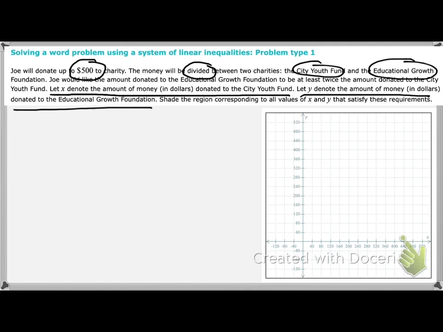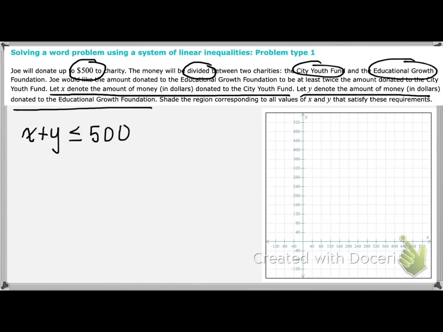So just taking that piece of it there, if I'm donating up to $500 and I'm splitting it between the City Fund and the Education Fund, and it's up to $500, hopefully you can see that we've got an inequality here where x plus y is less than or equal to 500. So I'm donating up to $500. I could donate less. And the $500 is being divided between two charities, x and y, where we've identified x as the City Fund and y as the Education Fund.